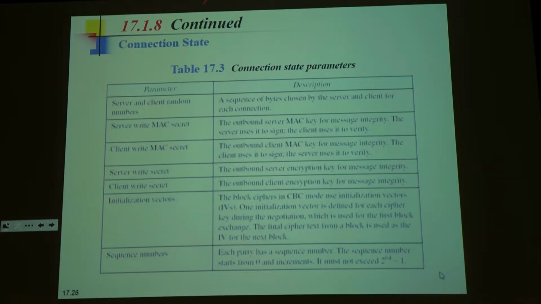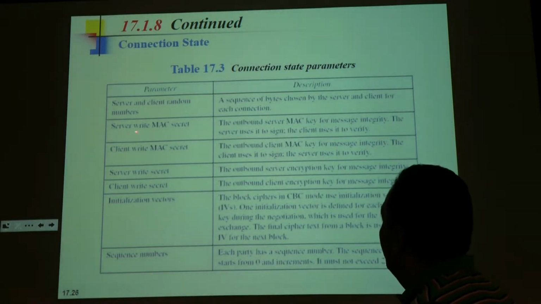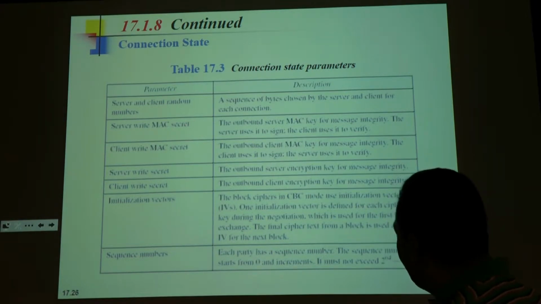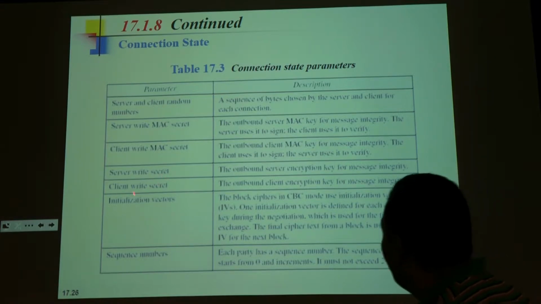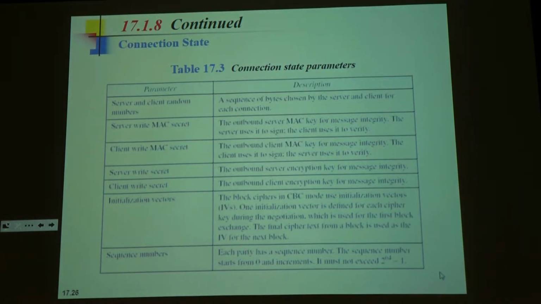These are the parameters: for example, the server and client random numbers, server write MAC secret, client write MAC secret, server write secret, and so on. So there are different parameters that are used. The client and the server have 6 different cryptographic secrets: 3 read secrets and 3 write secrets. The read secrets for the client are the same as the write secrets for the server, and vice versa.